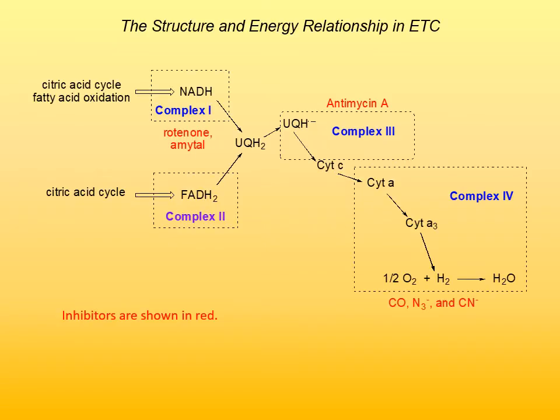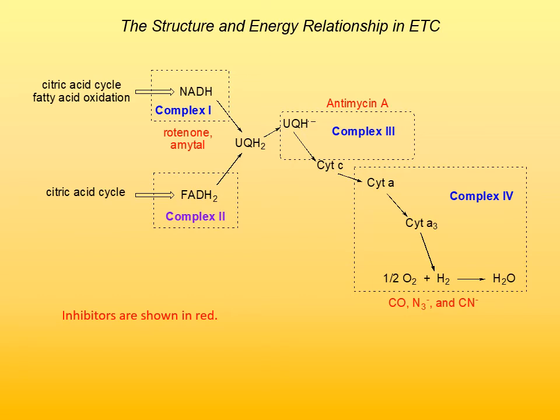And here is a summary of what we have just covered. NADH, generated in citric acid cycle or fatty acid oxidation, in complex 1 transfers electrons to generate dihydroubiquinone. FADH2, generated in citric acid cycle, utilizes complex 2 also to transfer electrons to form dihydroubiquinone.